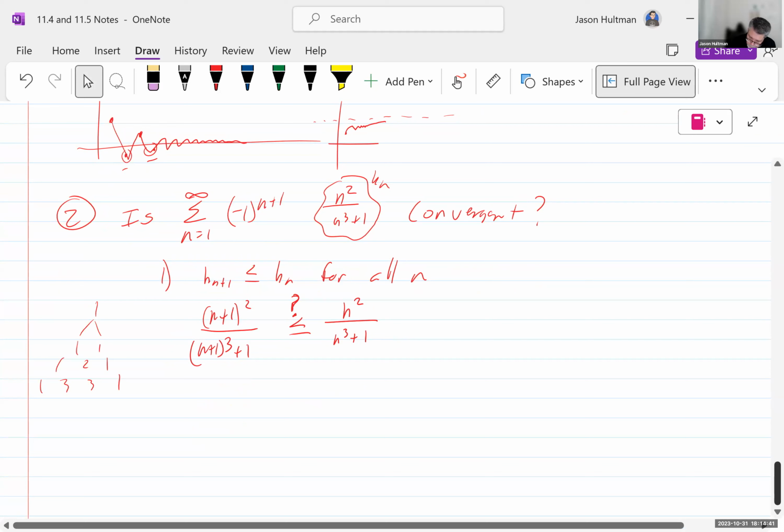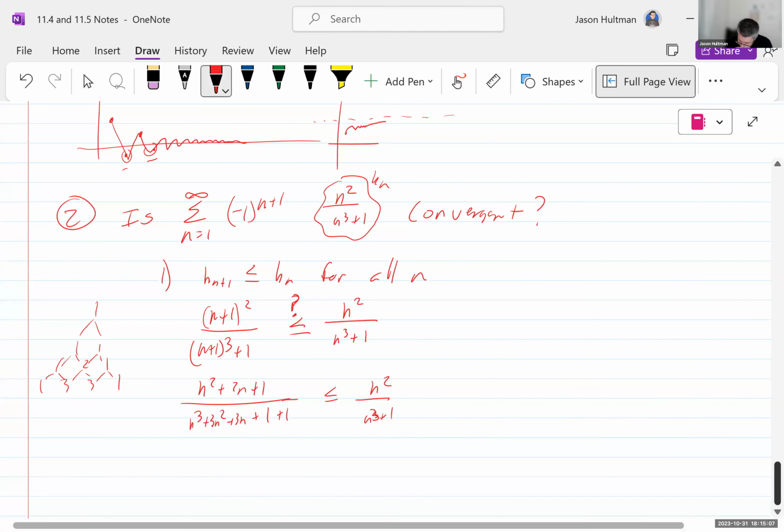So Pascal's triangle, this is n squared plus 2n plus 1 over n cubed plus 3n squared plus 3n plus 1, plus 1, is less than or equal to n squared over n cubed plus 1. Again, is that true?